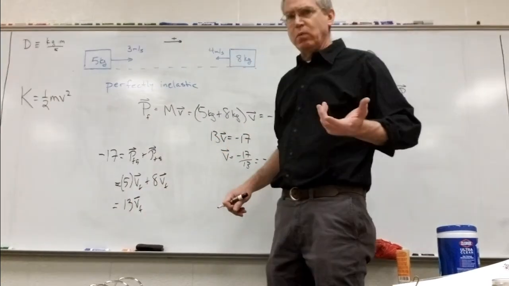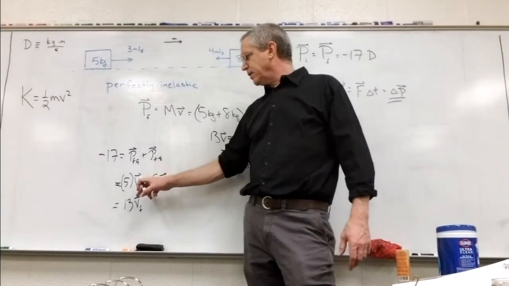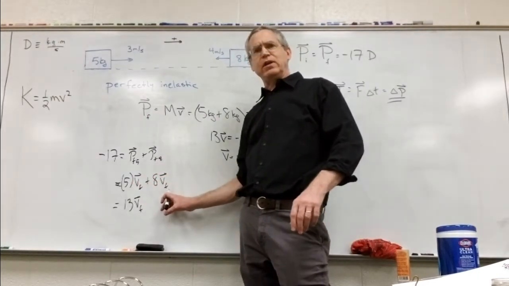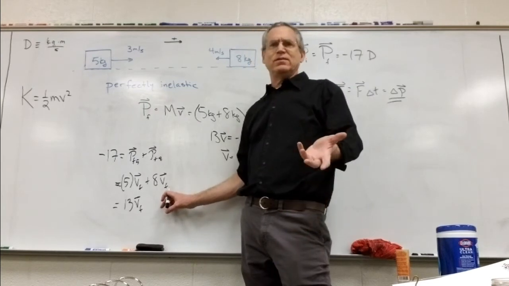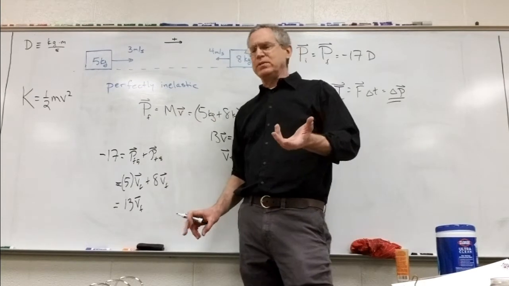And we end up back where we were before. The difference here is I'm treating them as two separate objects that happen to have the same velocity after the collision, that in essence they're stuck together.